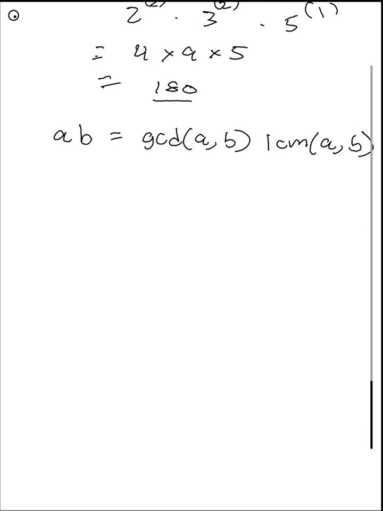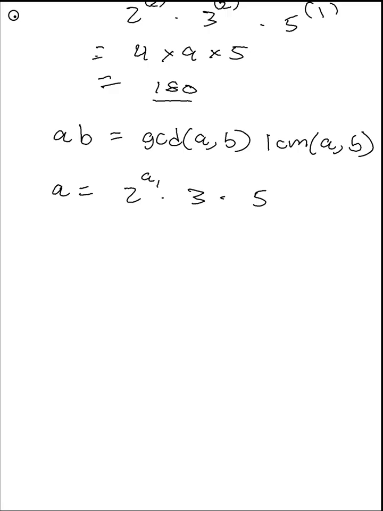For each of our numbers, let's just say a is equal to 2 to the a1 times 3 to the a2 times 5 to the a3, just 3 variables, and b is equal to 2 to the b1 times 3 to the b2 times 5 to the b3.